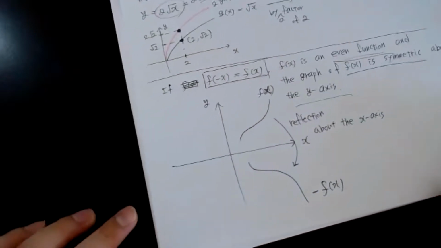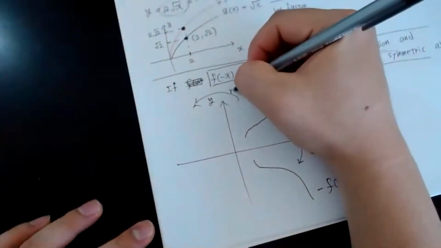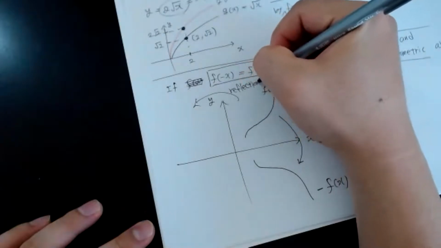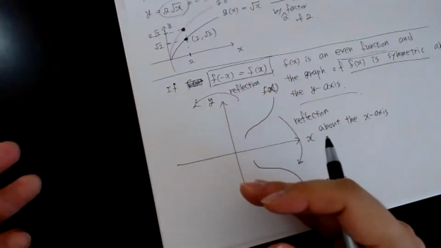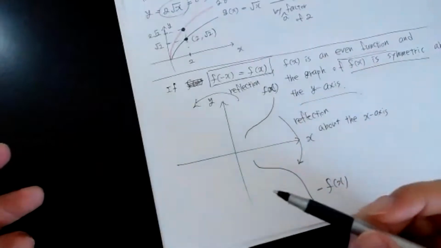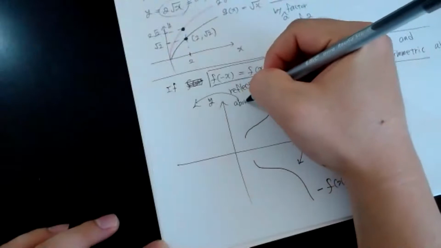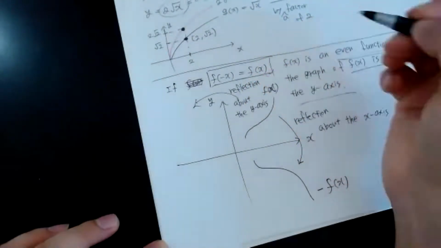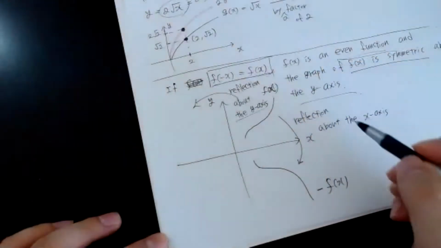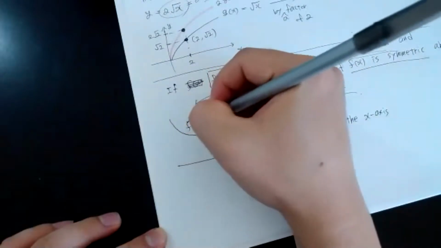Okay, and then the other one is reflection about the y-axis. Let me go over this one again because it is related to that one. Reflection about the y-axis, sorry, I need more space. Then we get this, and we get f of negative x.